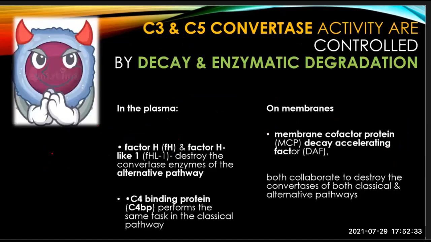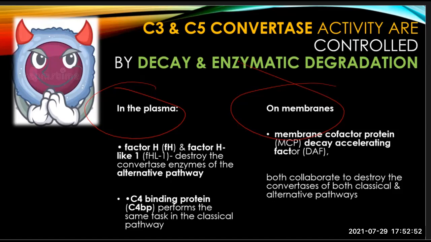So here we have the C3 and C5 convertase enzymes. They are heavily policed with plasma and cell membrane inhibitors to control activation. So we have inhibitors in the plasma and on the membrane. In the plasma, factor H and related protein factor H like 1, FHL-1, can destroy the convertase enzymes of the alternative pathway.